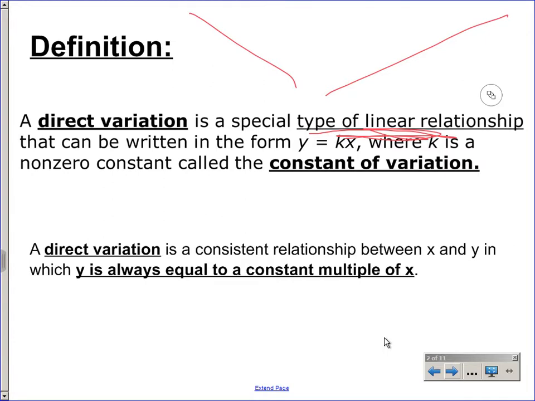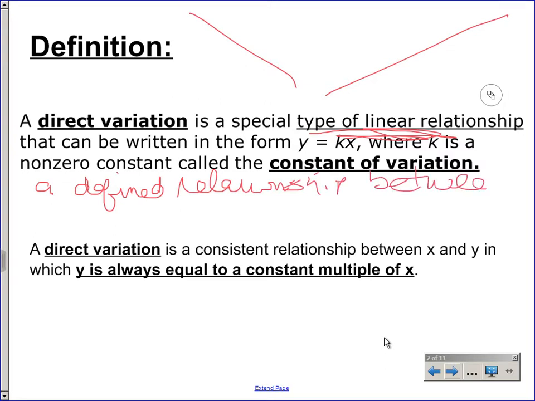So basically, it's a defined relationship between x and y. A direct variation is consistent.